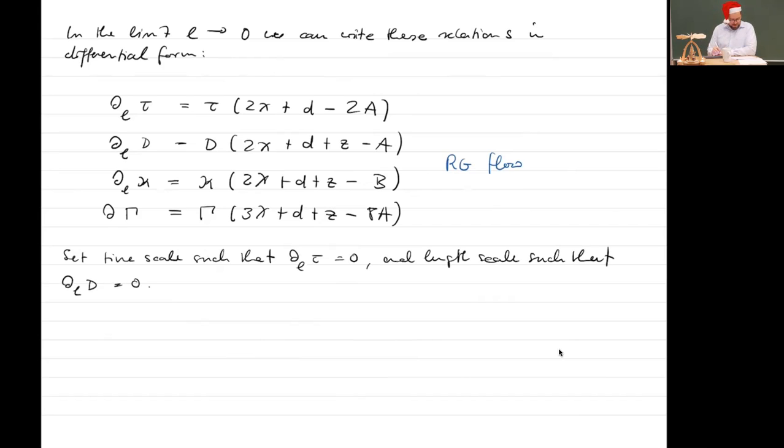And then we get two equations from that. Just by setting the left-hand side to 0, it's 4 minus epsilon, which I will define, plus 2 chi plus z minus 2a is 0, and 2 minus epsilon plus 2 chi plus z minus a is equal to 0. Here I set epsilon equal to 4 minus d.